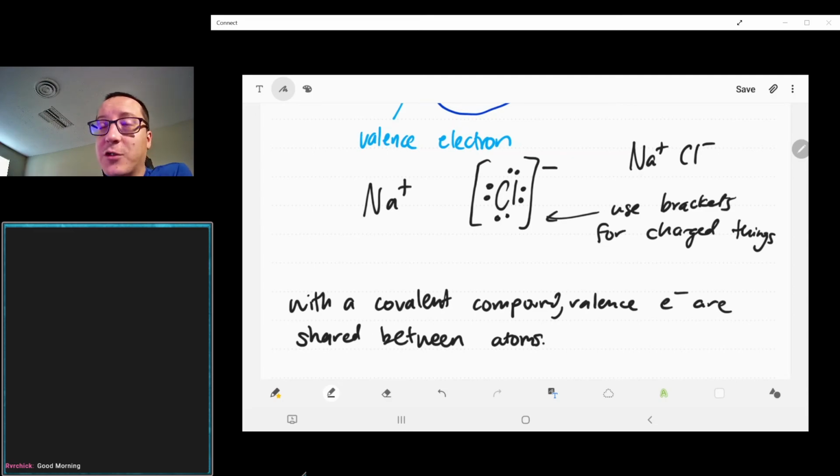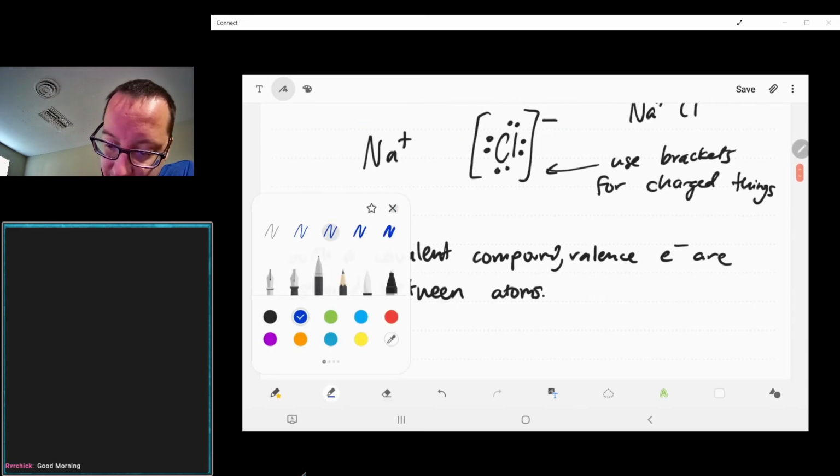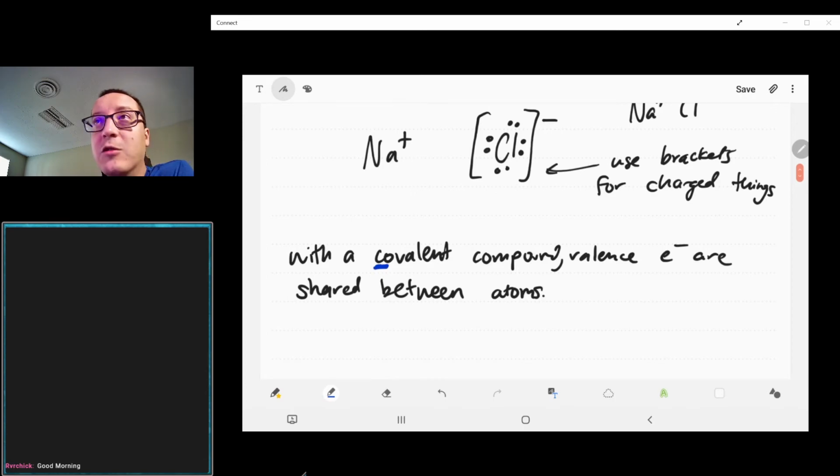Sodium gave its electron away, chlorine took it. That's the end. Complete taking away of the electron. However, with covalent compounds, we're going to see they're going to share them. And we even have the word covalent. Co meaning together, right? And then valent will refer to the valence electrons. So the word itself describes how they're sharing.